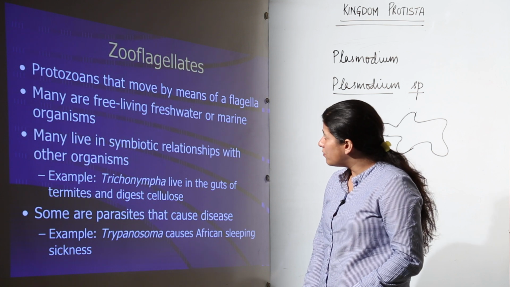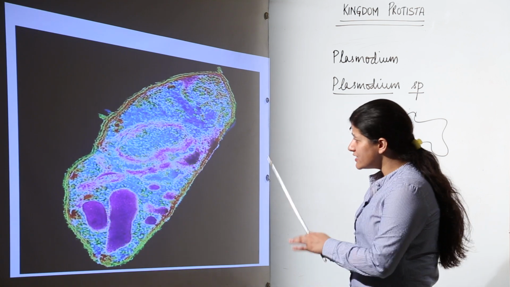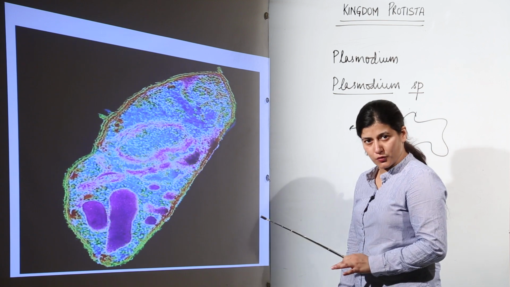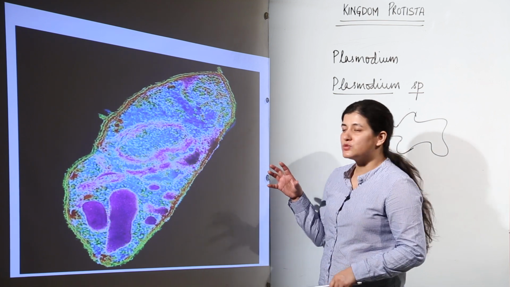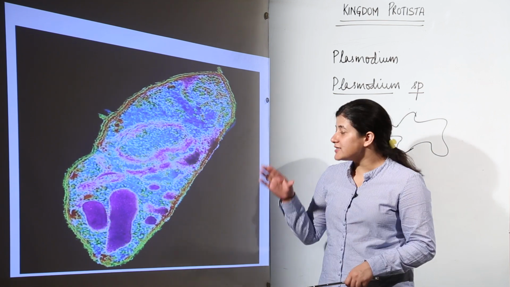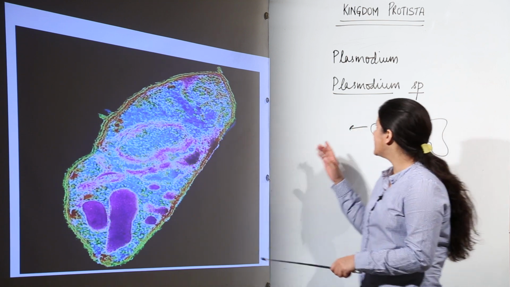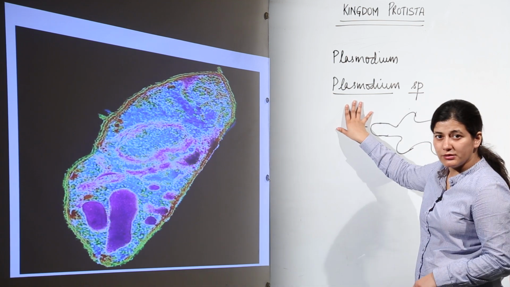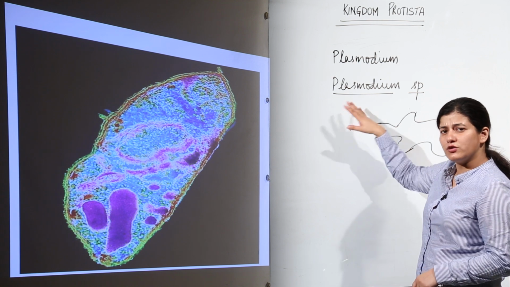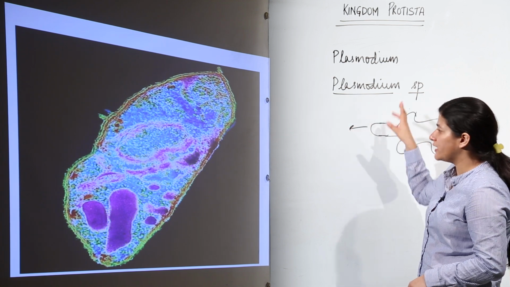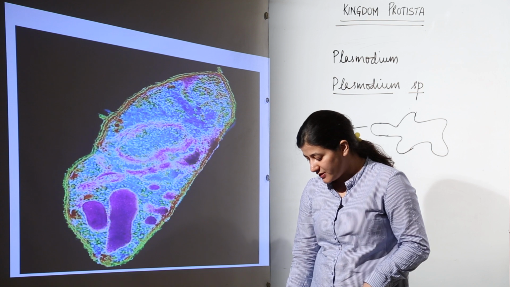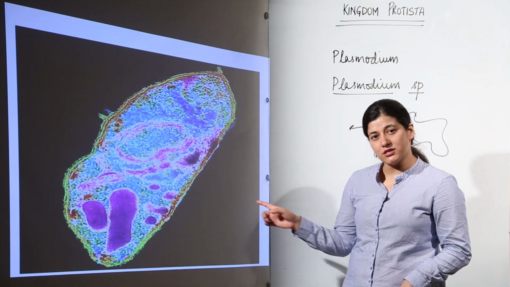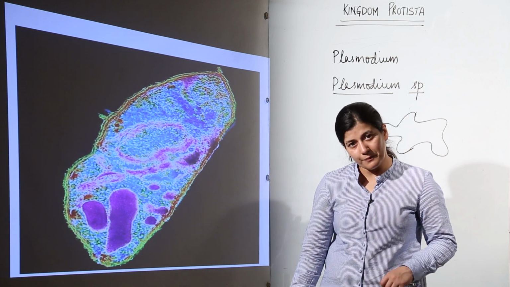Now moving further, this is the most notorious sporozoan that we have, and this is one which causes malaria. This is the malarial parasite, and over here I am referring to Plasmodium. It could be Plasmodium malariae, Plasmodium falciparum, or Plasmodium vivax, depending upon the species, and this is the causative organism for malaria.